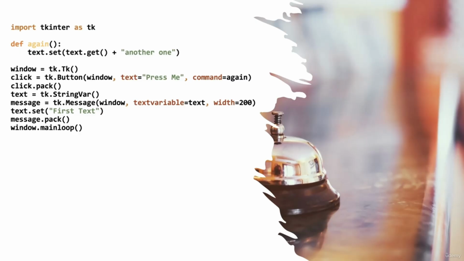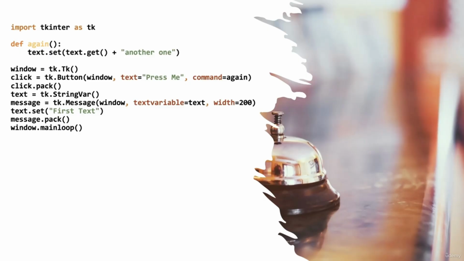After importing the Tkinter package, we will create a callback. Then we will create both the window and the button widgets. After packing the button widget, we'll create a StringVar observable variable. When creating the message widget, we will use the textvariable property and assign to it an observable.